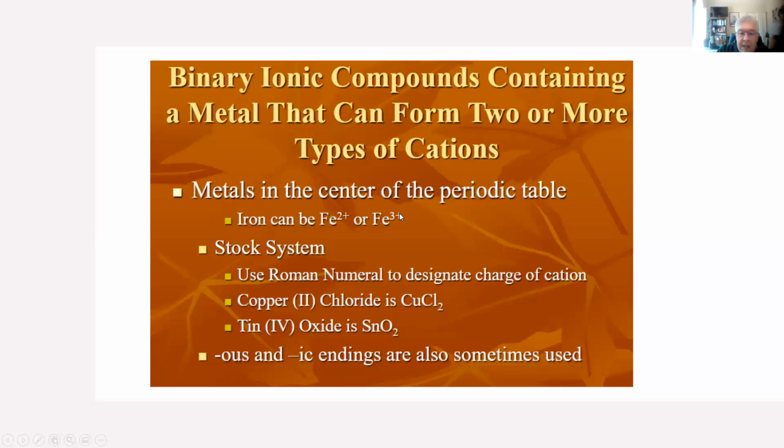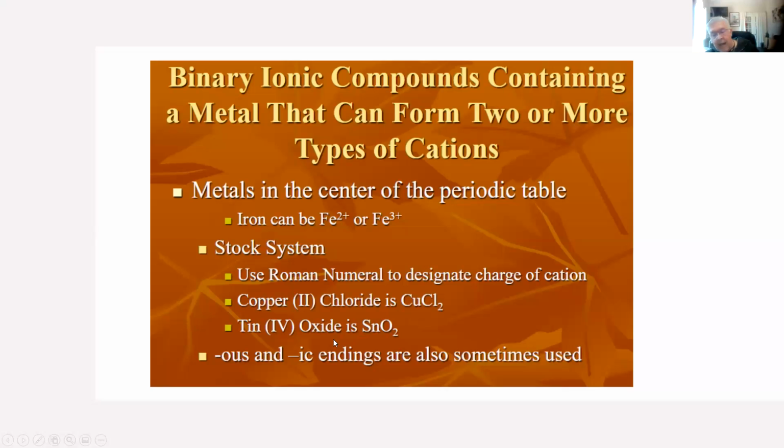How can you do that? By writing into parentheses the charge, but using Roman numerals. Then you have, for example, copper 2 means copper +2. Tin 4, it means that tin is +4.